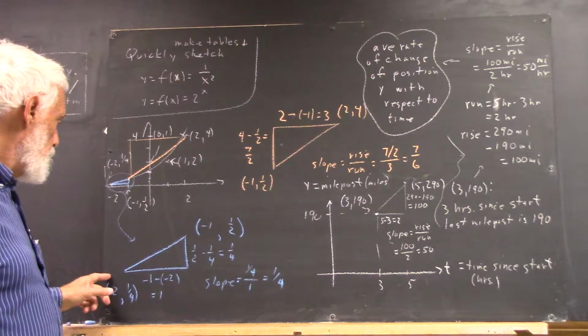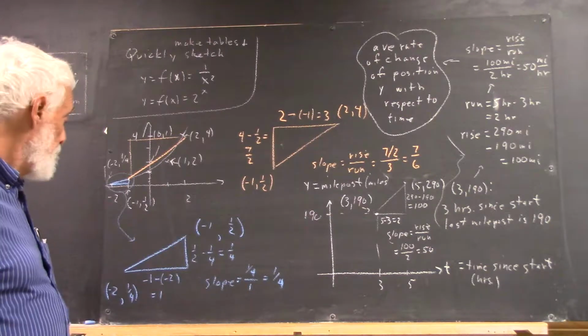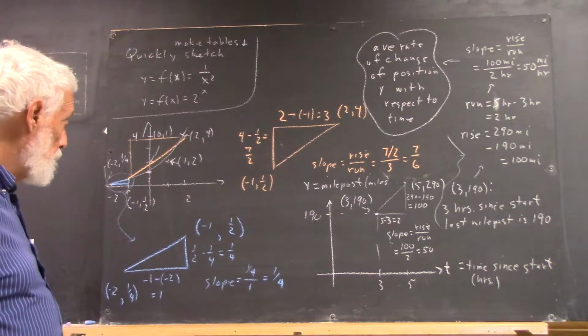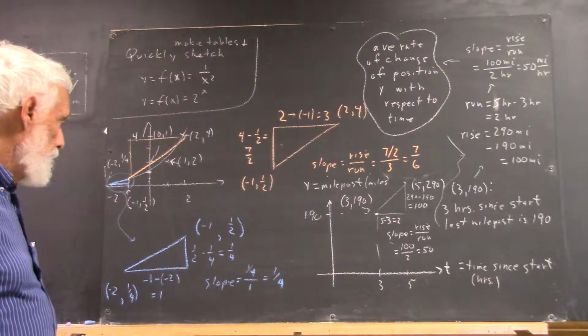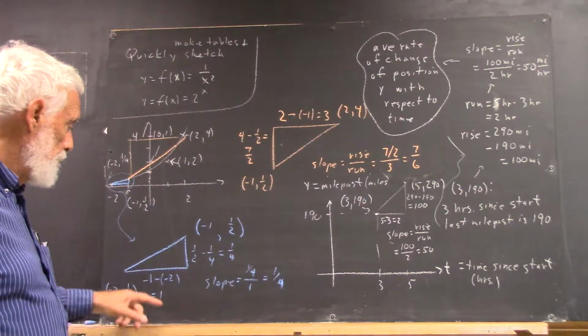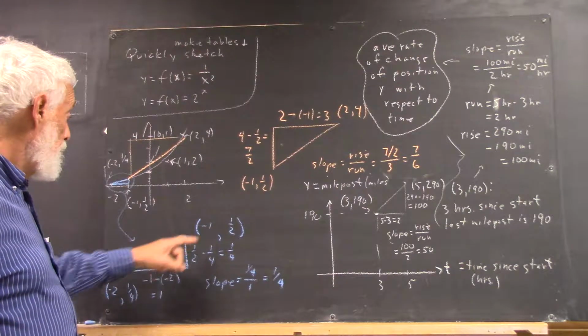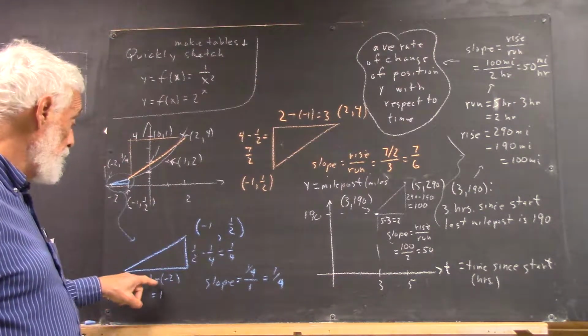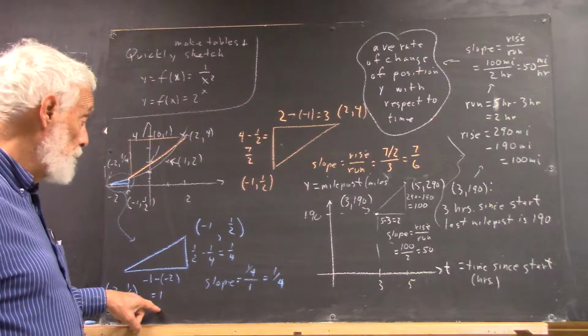As soon as you have these coordinates, you can figure out the run. Because x goes from -2 to -1, the displacement from here to here, which is your run, is this x component minus this x component, -1 minus -2, which is 1.